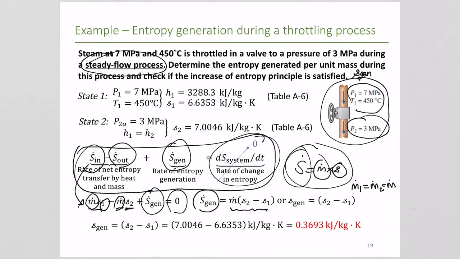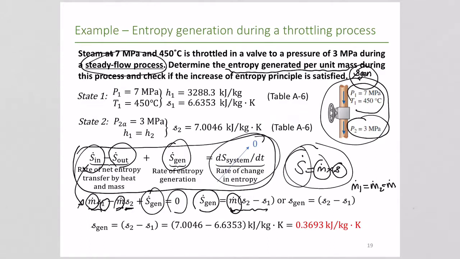Now, the problem was asking us the lowercase entropy generation, right? Entropy generated per unit mass, so it's asking the lowercase s. In this problem I don't know the mass flow rate, but I can cancel it.